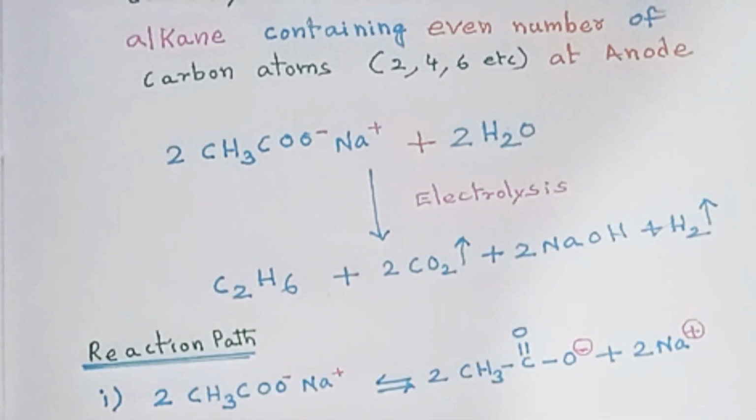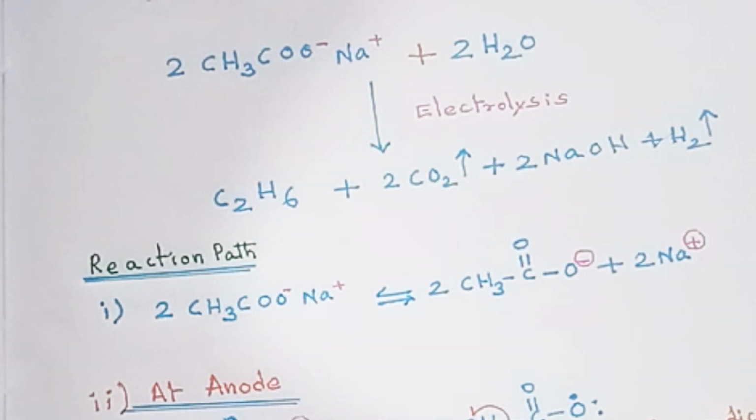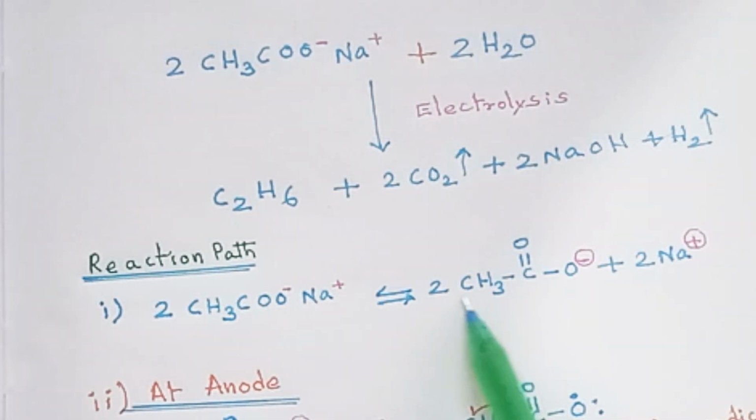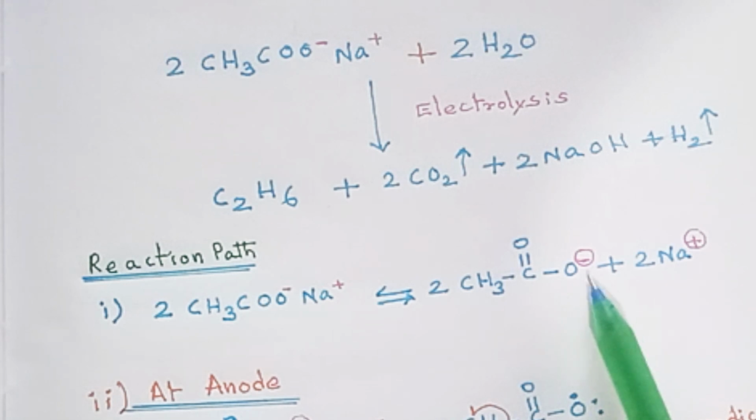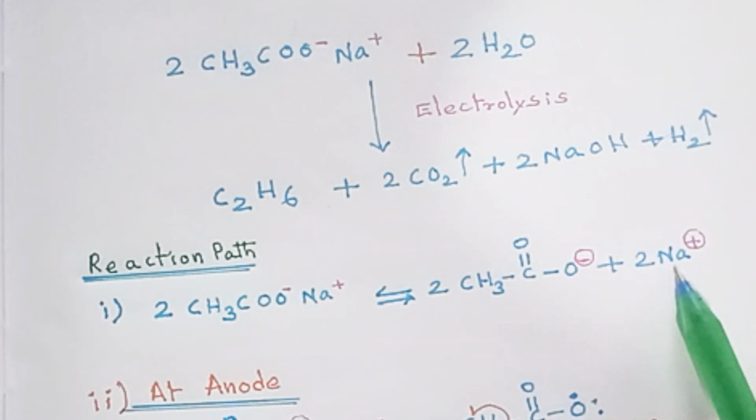What happens at the anode? At the anode, this acetate ion, CH3COO minus, is the acetate ion. This oxygen atom has 6 electrons in its outermost orbit after donating 1 electron for the bond between carbon and oxygen. Why 6 electrons? Because it has gained an electron from the sodium ion.